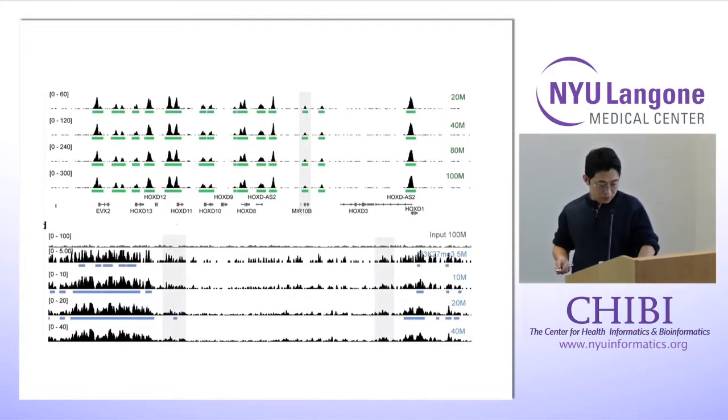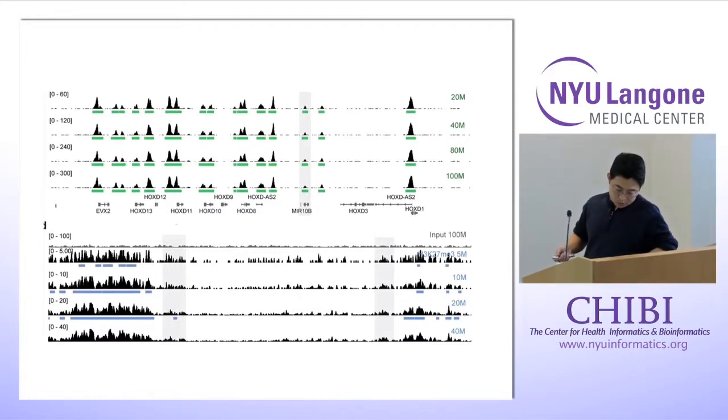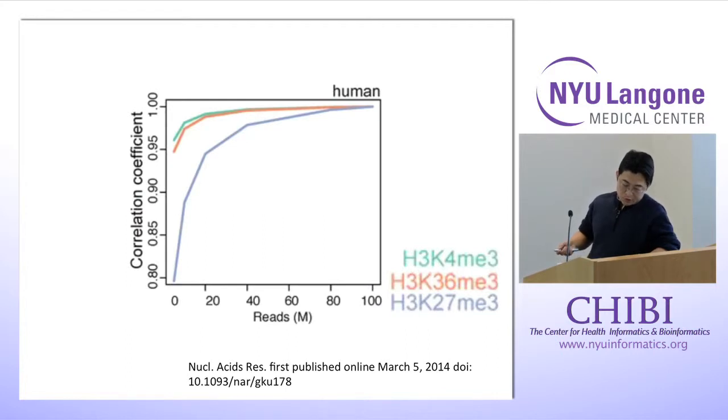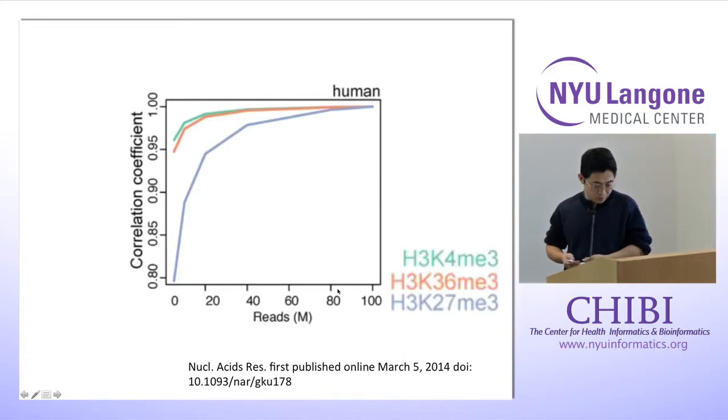The same metric is used to evaluate how many reads you need. For different factors, using this simulation to see the correlation coefficient, you will see that H3K4 and H3K36 behave the same. So 20 to 40 million reads is maybe sufficient, but for H3K27 you definitely need more reads to achieve better results.